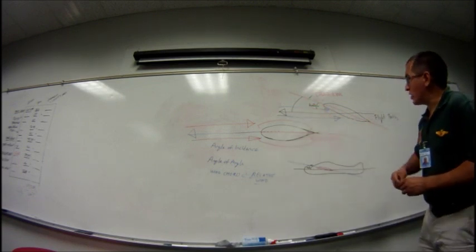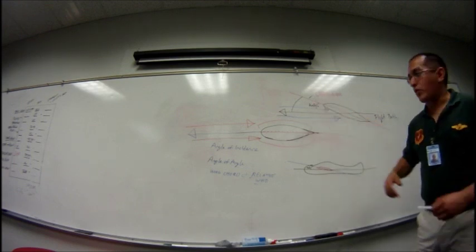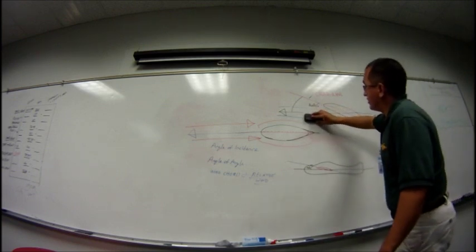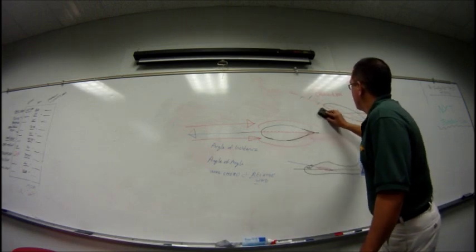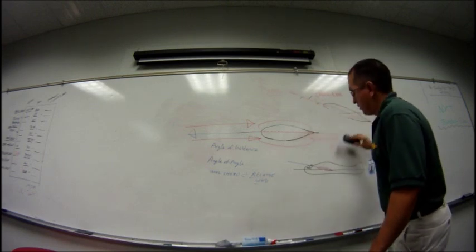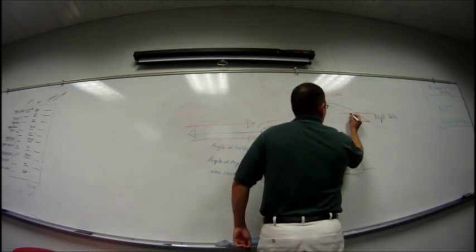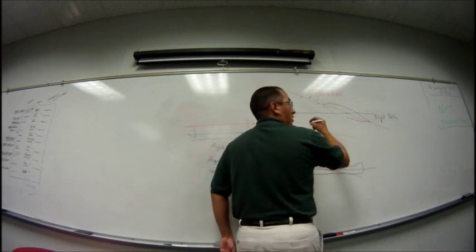So I'm just drawing these arrows on top and the bottom of each other to show it, but for all purposes, this line right here can be both your flight path and your relative wind.